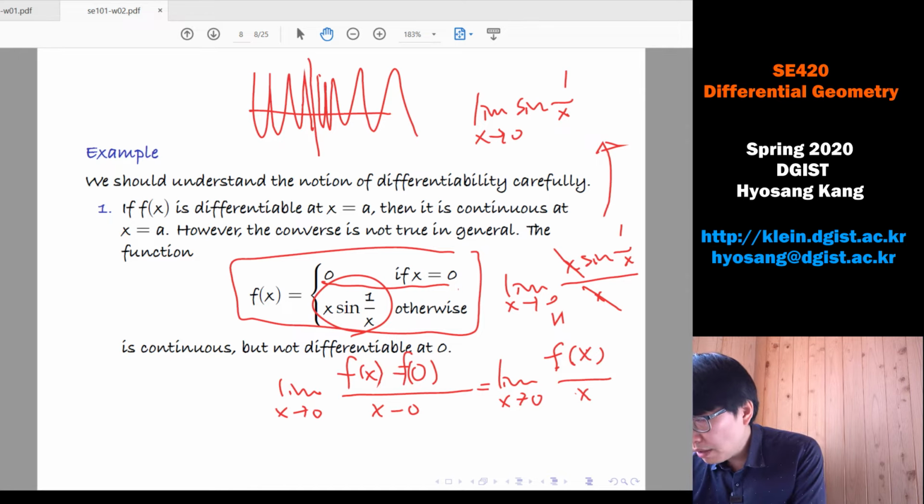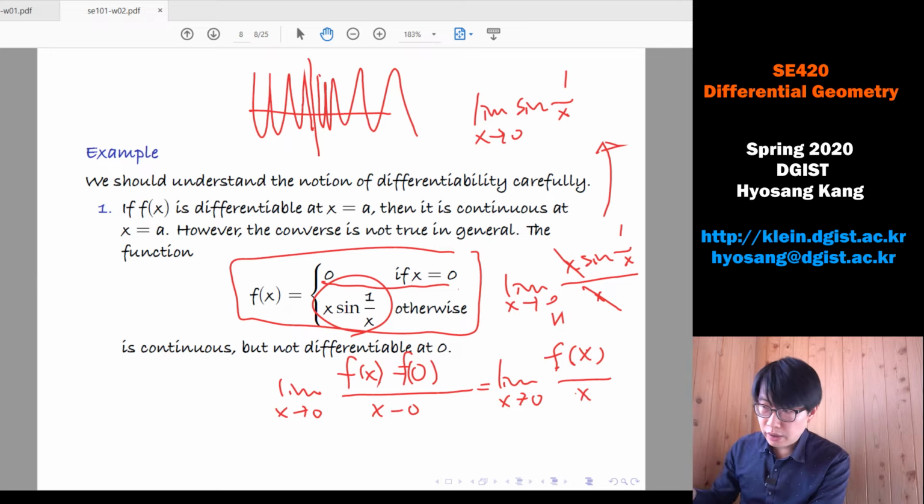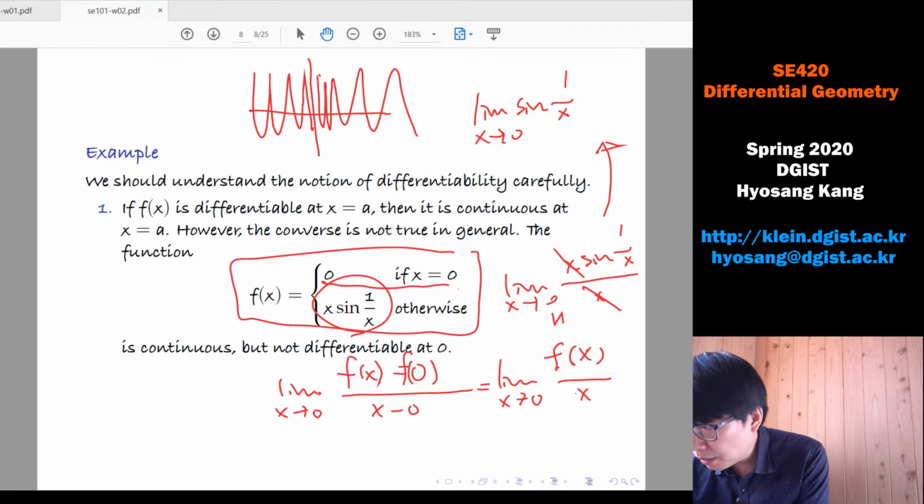Whichever happens, when x goes to 0, 1 over x goes to infinitely large, and the sine oscillates between -1 and 1, and the number of times that the sine function oscillates is infinite. So this infinite number of oscillations happens in a small interval from 0 to some small number.